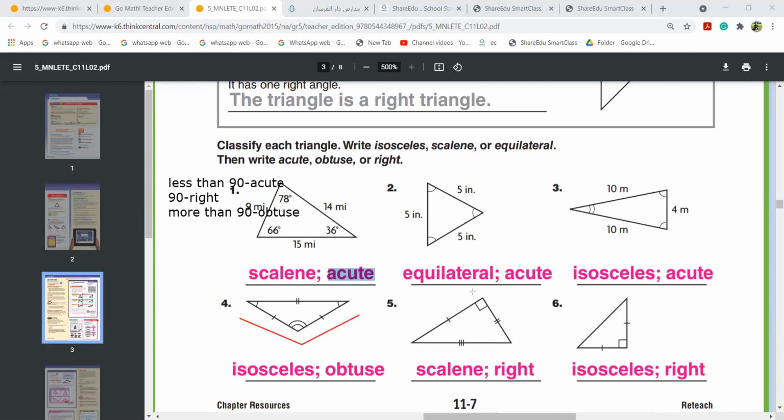Now this sign, the L shape: anytime you see this L, you will say right triangle. And why scalene? All three are different. Here, one line, two lines, and three lines. This is called scalene. Here, two sides are the same and one is not, isosceles.